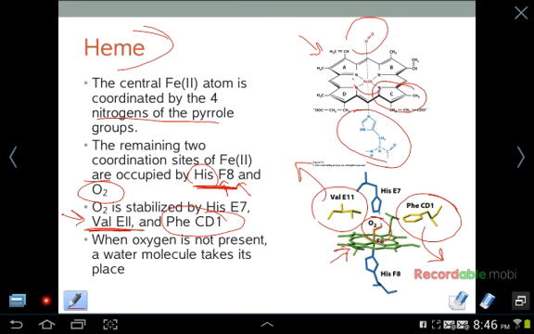The histidine, as you know, has a nitrogen with a free electron pair that helps coordinate with that iron atom. Now, when oxygen is not present, we have a water molecule instead. Okay? That coordinates in that center. Alrighty?